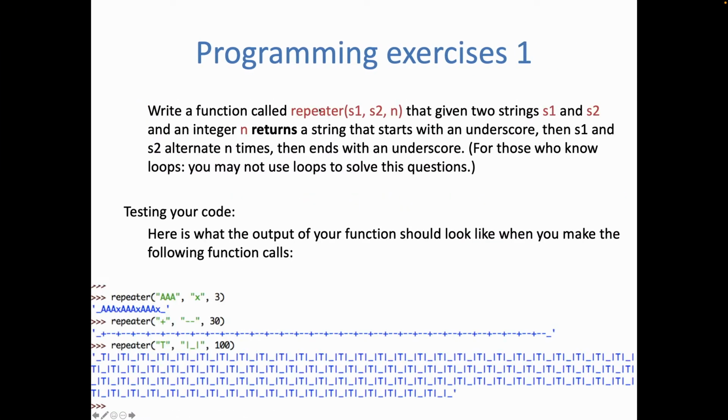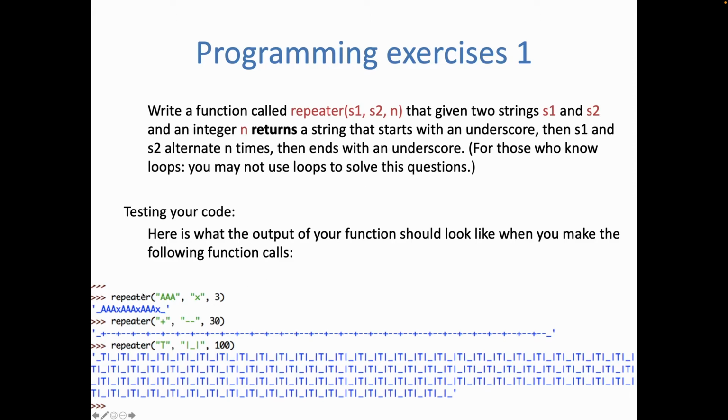Okay. This is today's exercise 1. Write a function called repeater that, given 2 strings, s1, s2, and an integer n, returns a string that starts with an underscore. Then s1 and s2 alternate n times, then it ends with an underscore. You may know loops, but you can try to not use loops to solve this question.